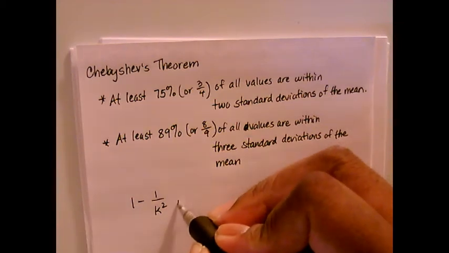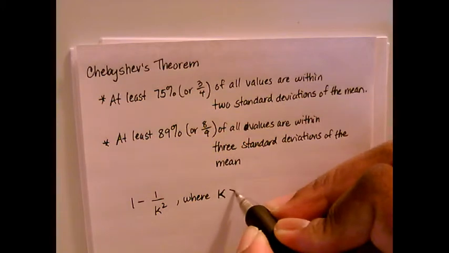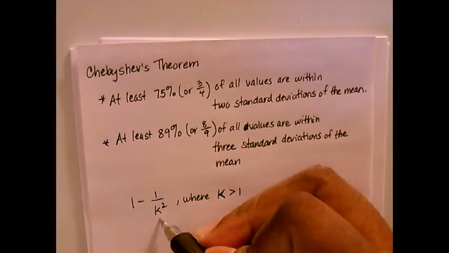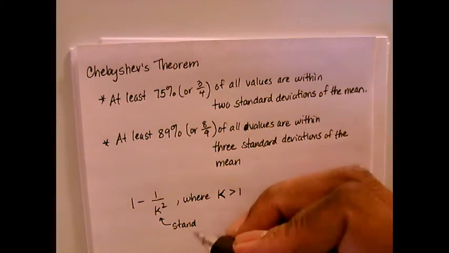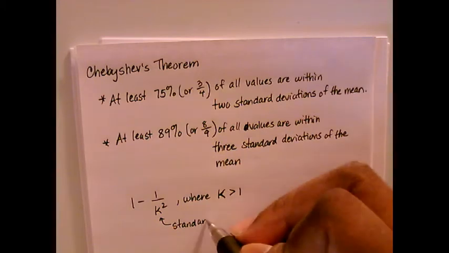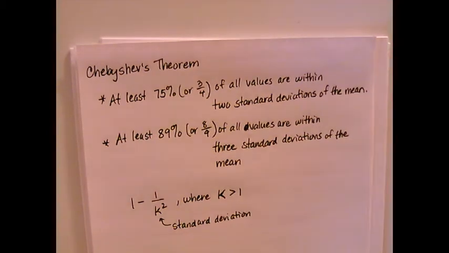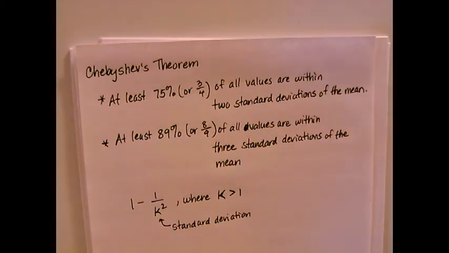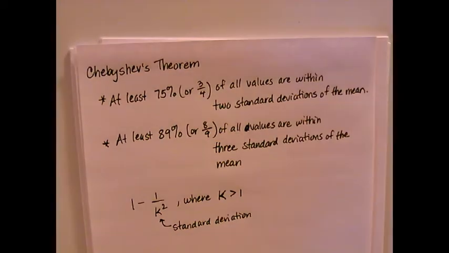And k represents the number of standard deviations. And we were using these for k is equal to 2 and for k is equal to 3. So this came from k is equal to 2. This one came from k is equal to 3.